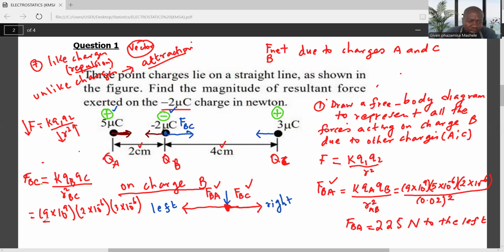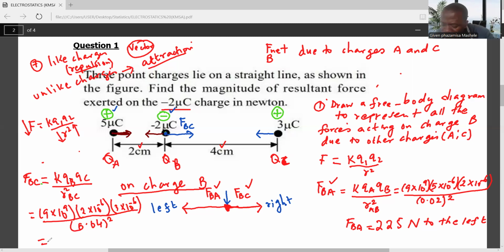Then divide by the square of the distance. What is the distance? It's 4 divided by 100, so this will give us 0.04 squared. Then let's calculate the magnitude: 9 times 10 to the power of 9, multiplied by 2 times 10 to the power minus 6, multiplied by 3 times 10 to the power minus 6, divided by 0.04 squared.